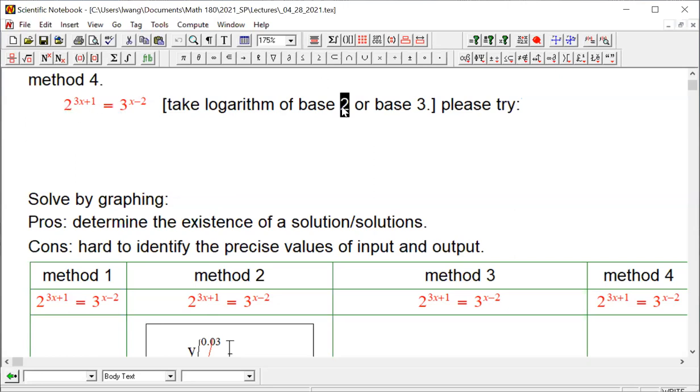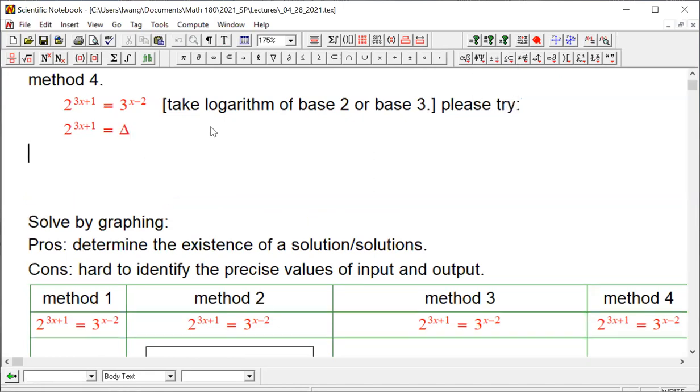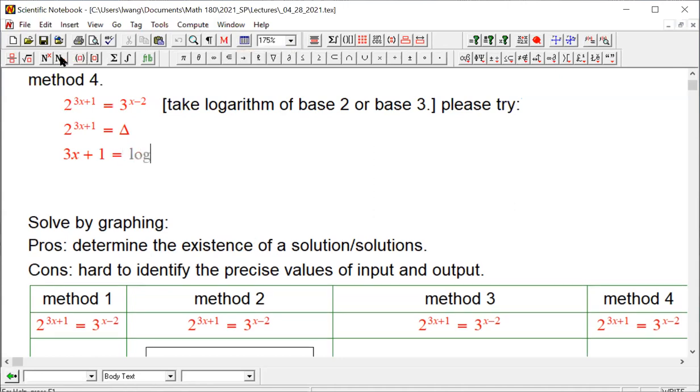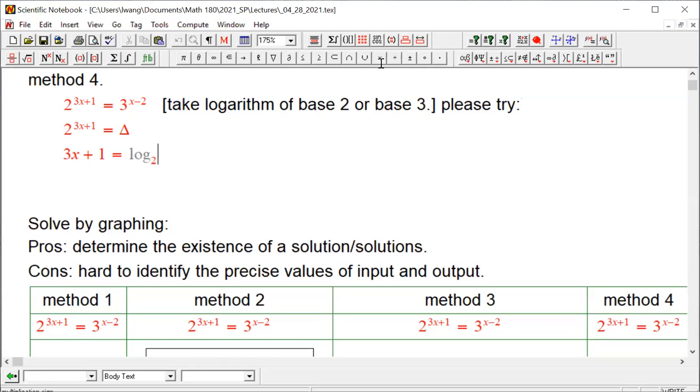If you take log base 2, and you decide to use this as the exponential part, then you can treat this piece as a triangle, right? So you're going to end up with what? 3x plus 1 equals log base 2 of what?